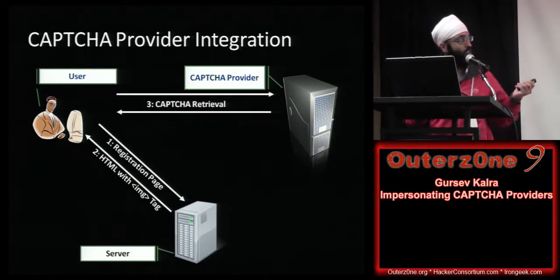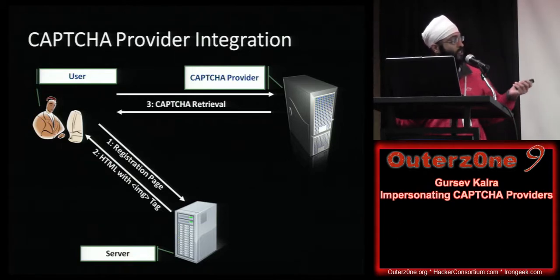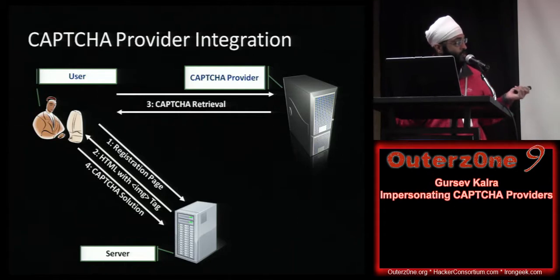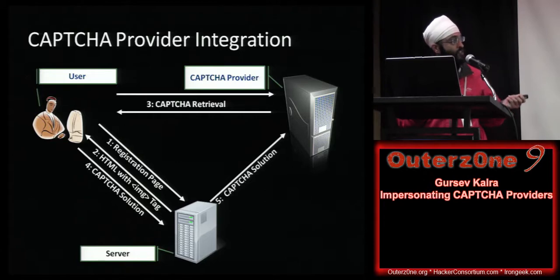This goes to the CAPTCHA provider and not this server here. So the CAPTCHA retrieval is independent of this server. The only thing that this server does is provide an image tag, and when you try to load the image, it is going to be from a CAPTCHA provider. And then after you get the image, you solve the CAPTCHA, you send it to the server, and this server in turn forwards it to the CAPTCHA provider.